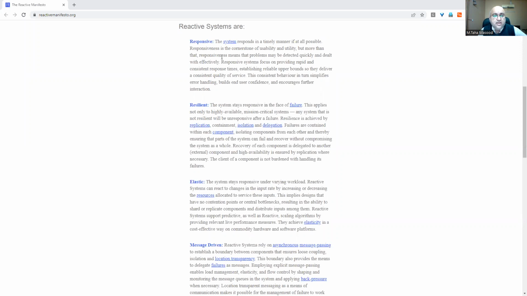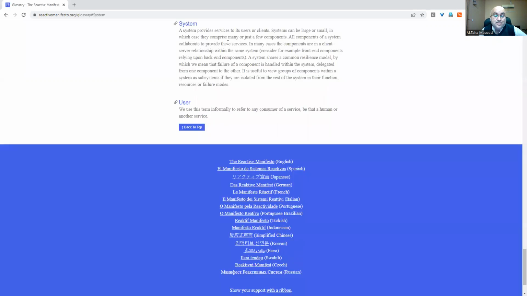But before that, let's see how it defines the system, right? So let's see what is a system. A system provides services to its users or clients, right? Fair enough. So this is some system, and it provides services. So these three could be services.